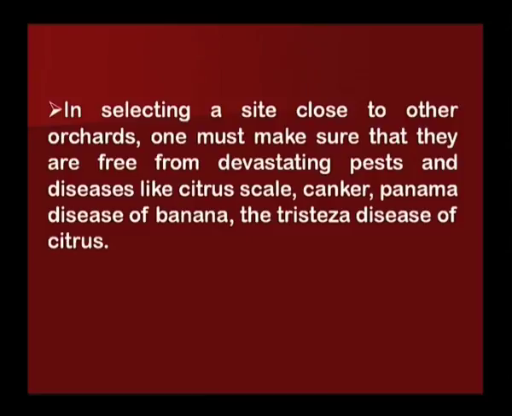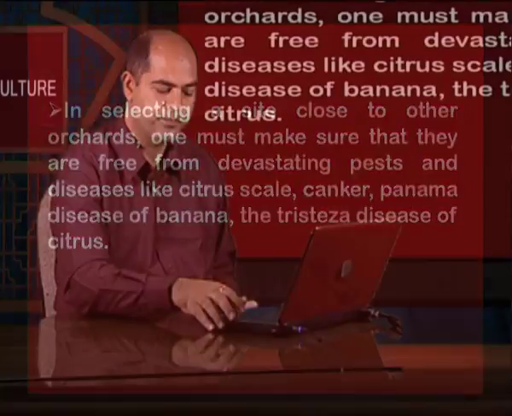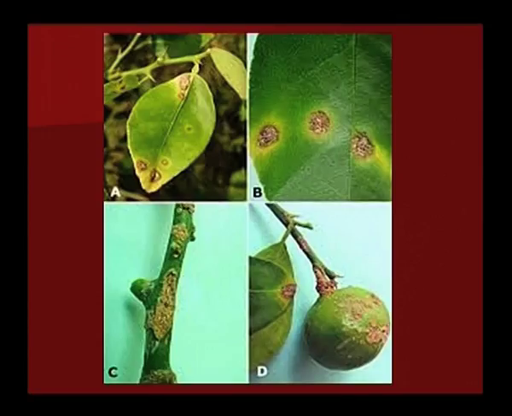In selecting a site close to other orchards, one must make sure that they are free from devastating pests and diseases like citrus scale, canker, Panama disease of banana, the Tristeza disease of citrus. This picture shows the various symptoms of citrus canker disease on lime leaves, stem and fruit.